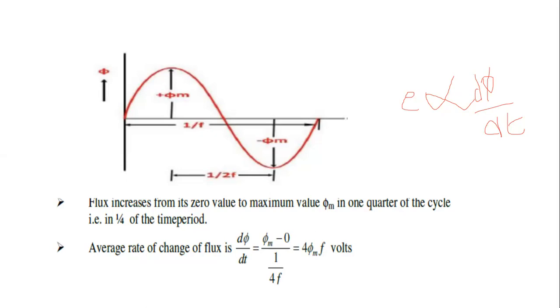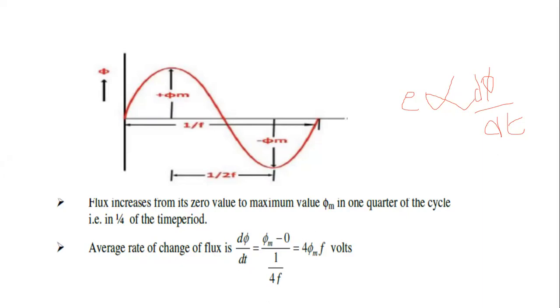Now we calculate the average rate of change of flux, d phi by dt. The change of flux is from maximum to 0, so d phi is equal to phi m minus 0.